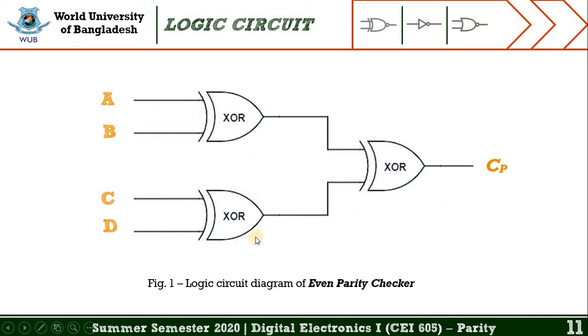After the first parenthesis we get XOR, and after the XOR sign we get a second parenthesis, and inside of the second parenthesis is C XOR D. That's why we need 3 XOR gates to implement the logic circuit of the even parity checker. On the right side we write P, which represents the output of the even parity checker. So let's move into the next slide.